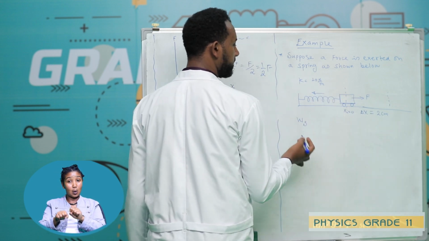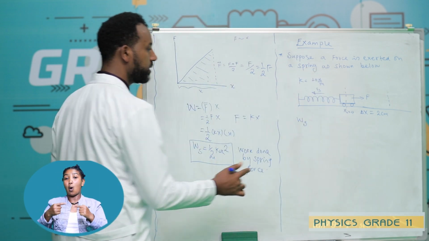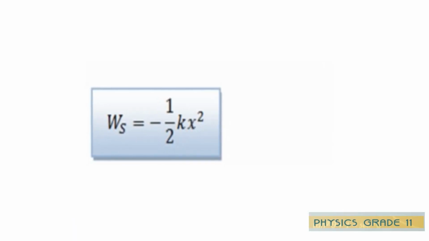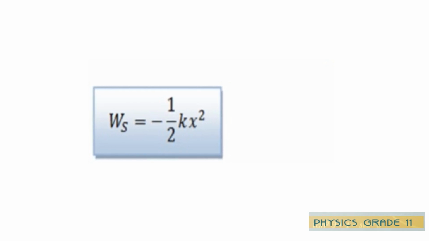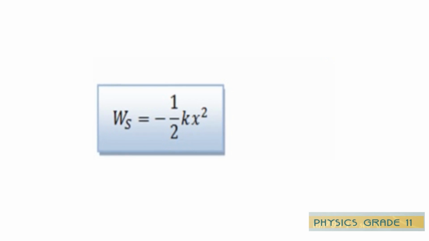So F and the restoring force, or force of the spring, have an opposite relation, so they are negative. So the work done by the spring is the negative of 1 over 2 k times change in x squared.